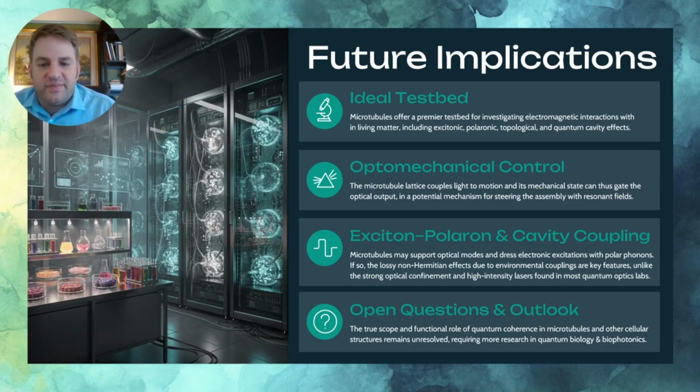Now, in terms of some of the more exotic topics I've considered here today, such as exciton polarons and cavity coupling, microtubules may support optical modes and even dress electronic excitations with polar phonons. And if that is so, the lossy non-Hermitian effects due to environmental couplings could become key features.